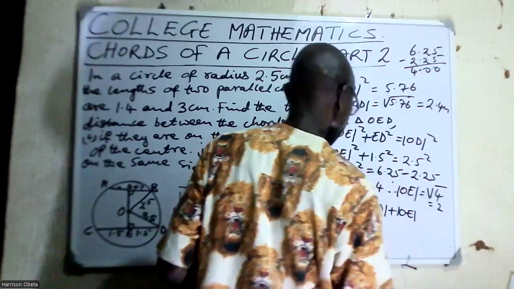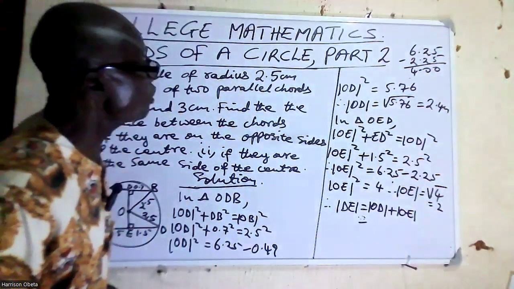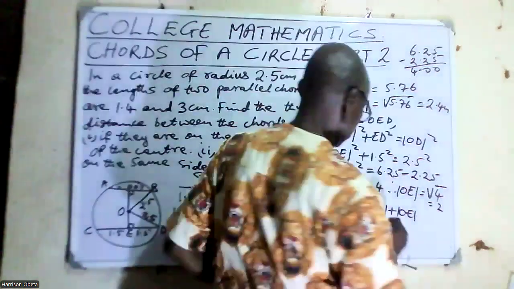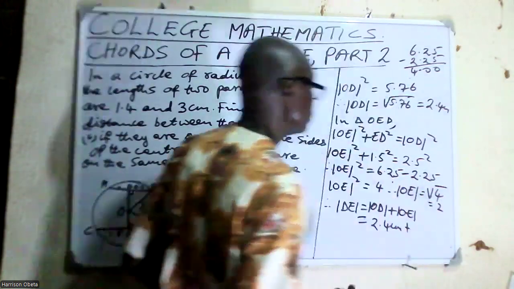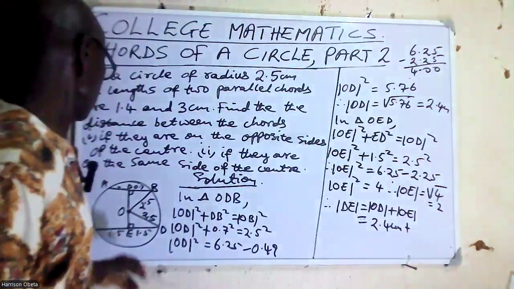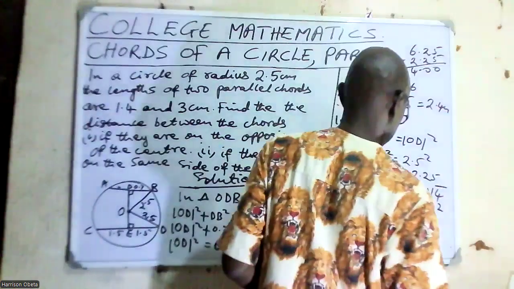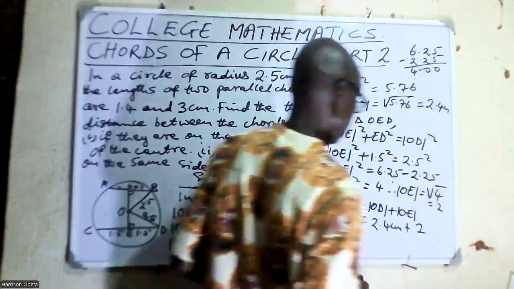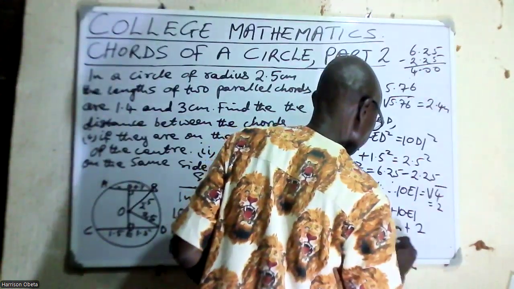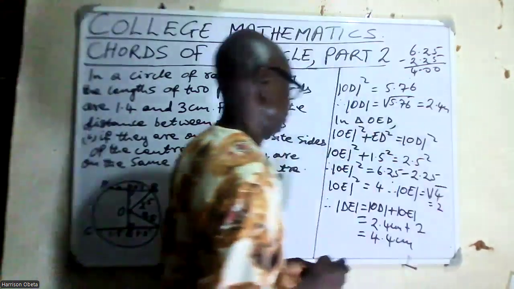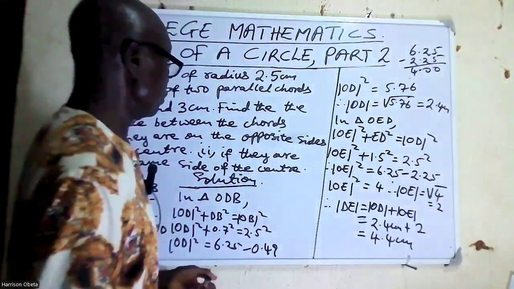And that is the same thing as, we got OD to be 2.4 cm, plus we got OE to be 2, which is equal to 4.4 cm. That is the first part of the question, 4.4 cm.